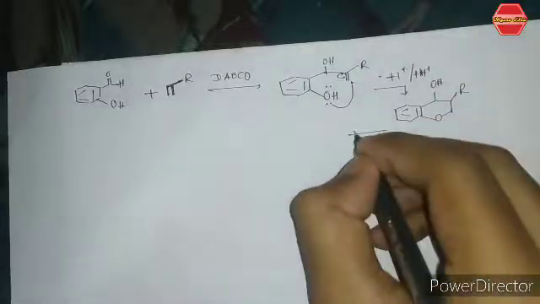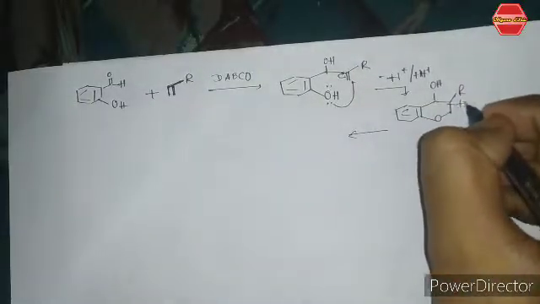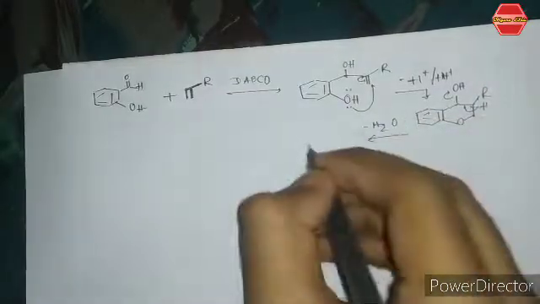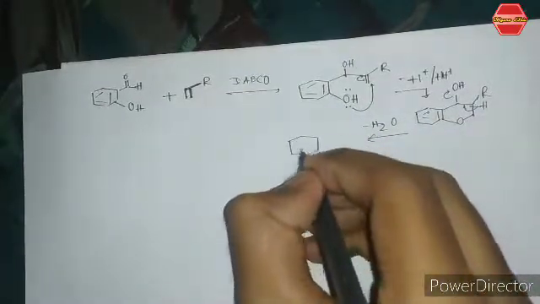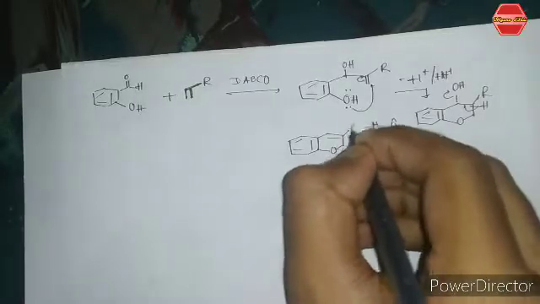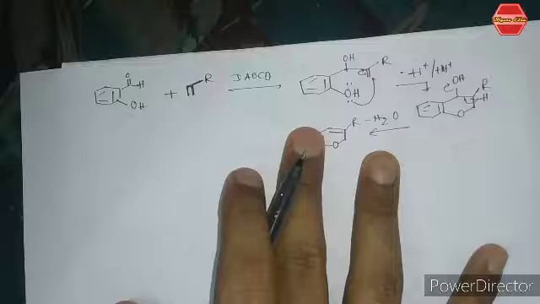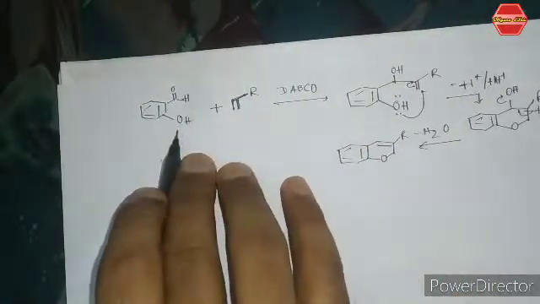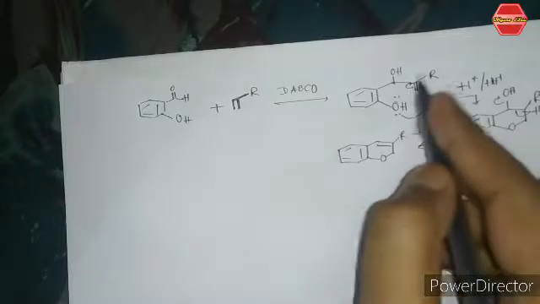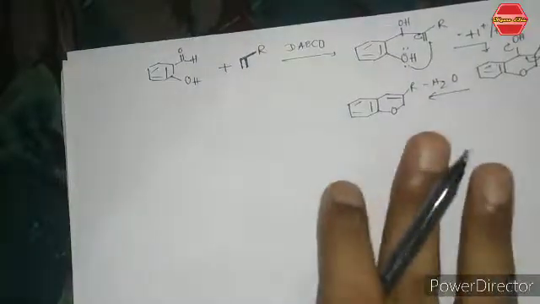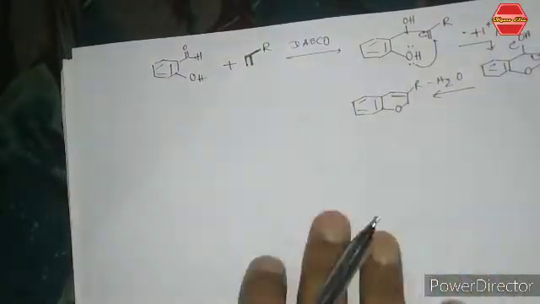Now see, there is a chance of leaving of this H and OH like this. So minus of water, we get our desired product. So that is how this product is formed. So this is one kind of extension, and it also tells us that a lone pair of electrons always attacks this free double bond alkene.